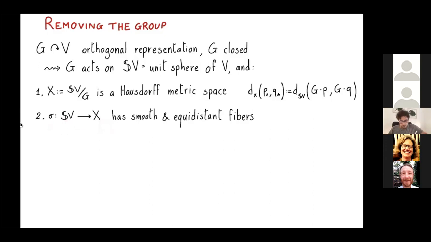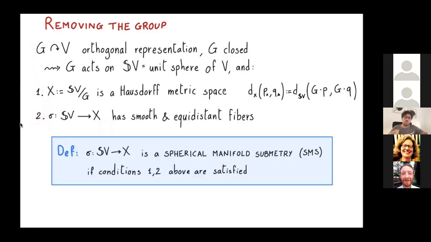So what you can do is try to remove the group by replacing the group action with something that has these two properties, and we call such an object a spherical manifold submetry. Once again, a spherical manifold submetry is simply a map from a round sphere down to a Hausdorff metric space whose fibers are smooth and equidistant.